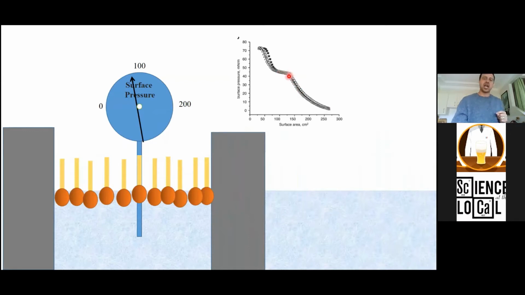And where it changed shape is sort of where they got compacted enough so they won't start overlapping and piling in on each other. And about that point there, they can measure the surface area, and from that you can get an estimate of how many lipid molecules you have. Okay, well that's a good technique, this Langmuir-Blodgett trough.